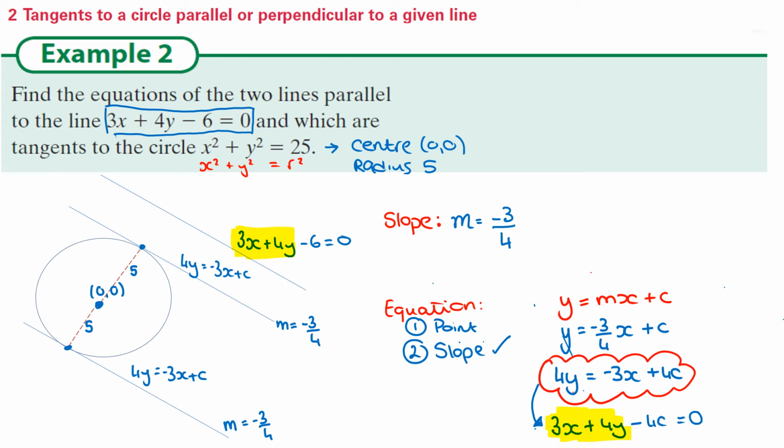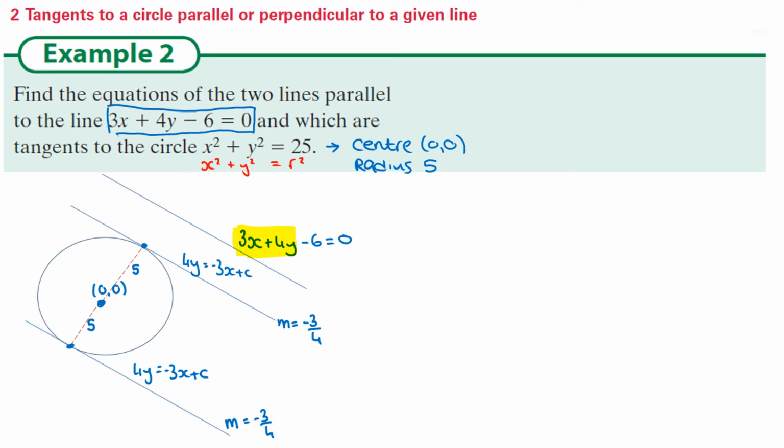So if you wanted, you could go straight for 3x plus 4y plus some constant equals 0. You could be a little bit more clever than even just pulling out the slope here. Okay, sorry, this should be 4c and 4c. I've just written it in wrong there on the diagram. Just make sure yours is correct.